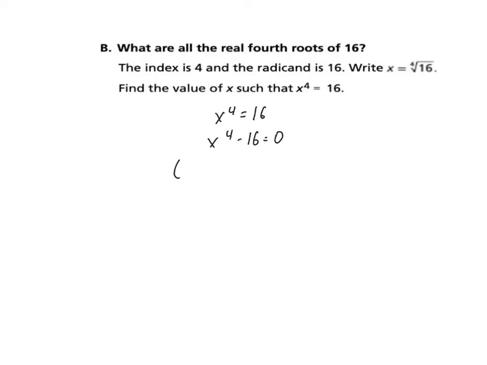If we factor this, you should get x squared plus 4 times x squared minus 4 is equal to 0. We can't factor this one anymore, so that needs to stay there. But we can factor this one to x plus 2 times x minus 2.